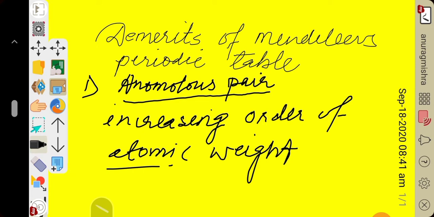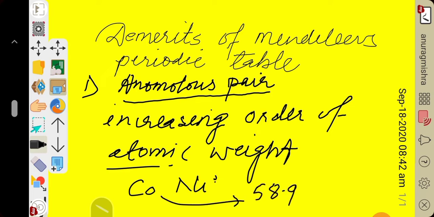For example, the position of cobalt and nickel. The atomic mass of cobalt is 58.9, while the atomic mass of nickel is 58.6.